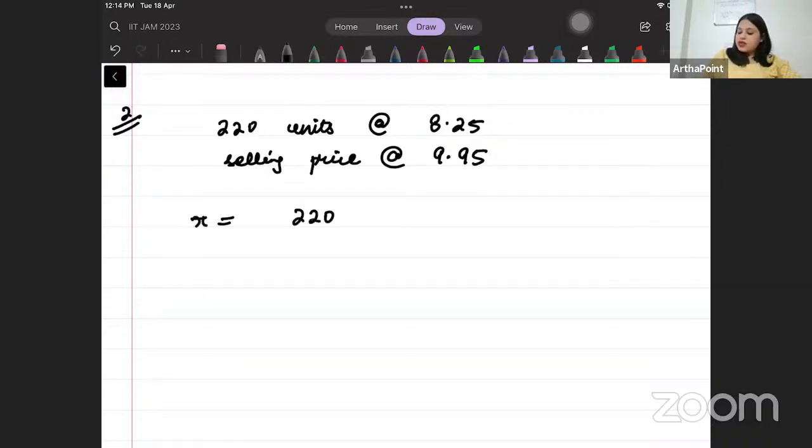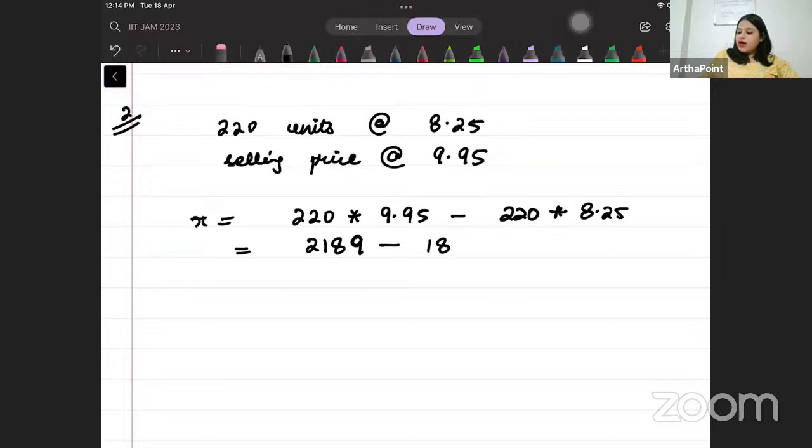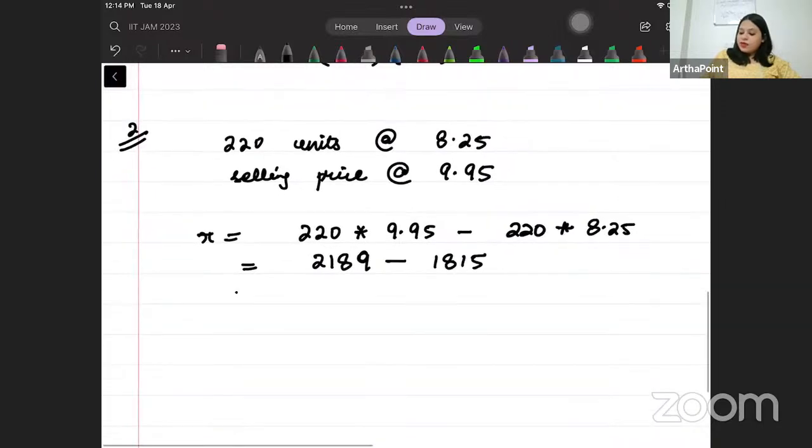So 220 into 9.95 minus 220 into 8.25. So 220 into 9.95, please use calculator quickly, beta. It is going to be 2189 minus 220 into 8.25, which will be 1815.